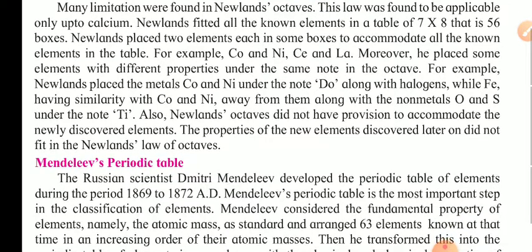At the time of Newlands, almost around 56 elements were known. So some were kept together, some were classified according to the octaves, but still he failed to explain it in a proper manner for the higher elements.